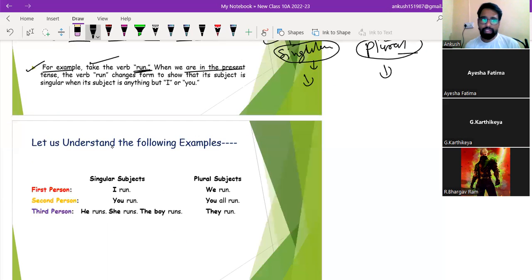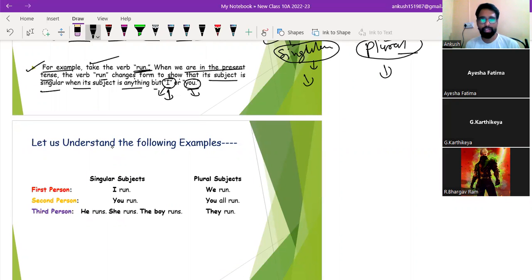In the present tense, the verb run changes form to show that its subject is singular when its subject is anything but I or you. Why are these two subjects separated? Because I is a singular subject, but we do not use a singular verb with it. So it is an exception in English grammar.